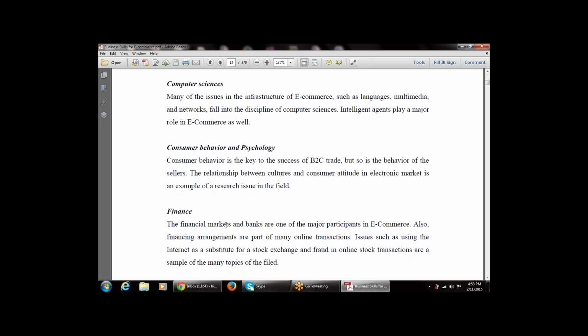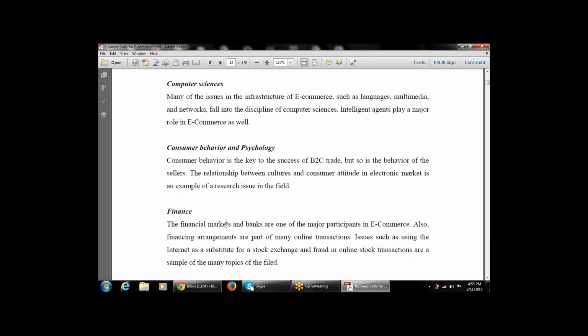Issues such as using the internet as a substitute for a stock market or stock exchange, and fraud in online stock transactions, are a sample of the many topics of the field. So financing is one of the participants of e-commerce. Why? Because money comes with the help of e-commerce.